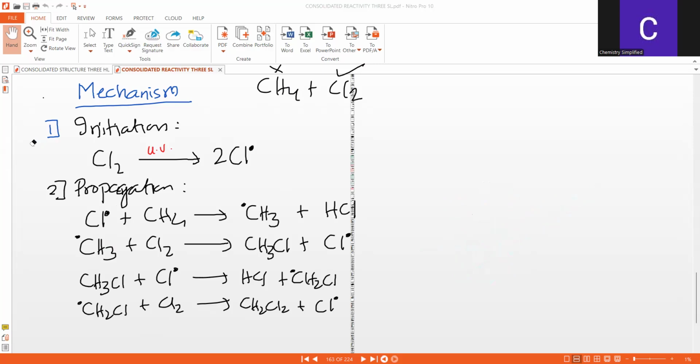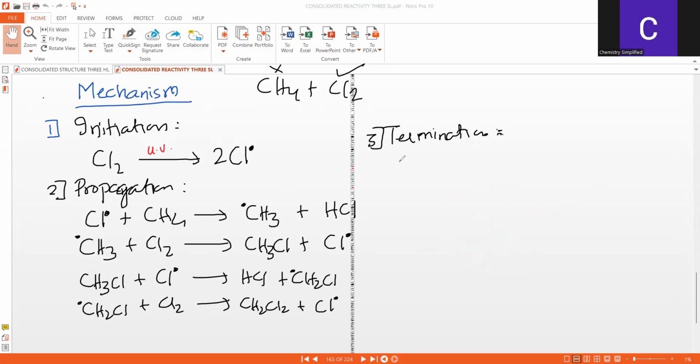Now, how does this reaction come to an end? That is called the termination steps. Termination, as the word suggests, means the reaction will not propagate. The reaction that is happening will not continue in the next step.